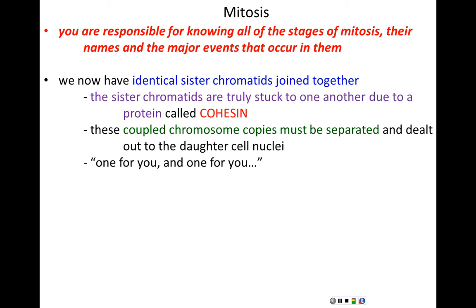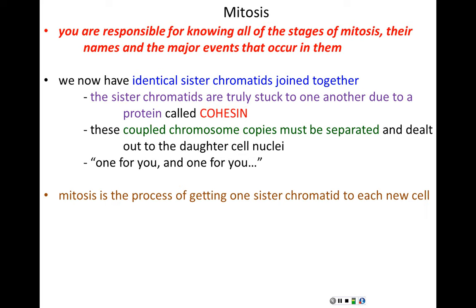You get one of my dad's chromosome 1s, and you get the other identical copy. You get one of my mom's chromosome 1s, and you get the other identical copy. That gives you one homologous pair, and that gives you the other homologous pair. Dealing them out one by one so that each new daughter cell has the exact same genetic information. That's what mitosis is. It's the process of getting one sister chromatid to each new cell.